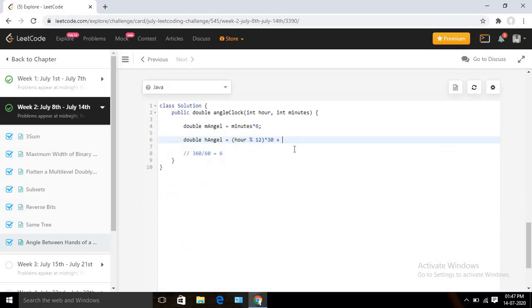It will look like this: minutes into 0.5. Why 0.5?